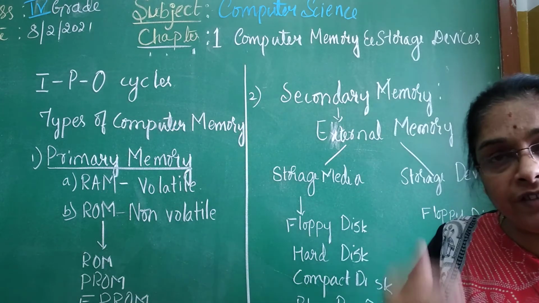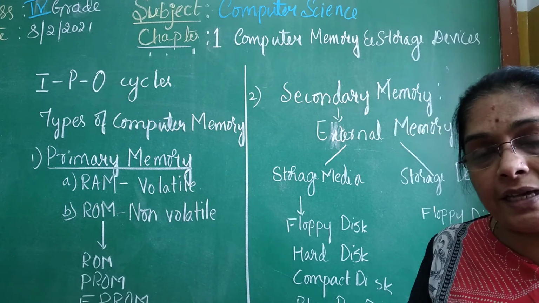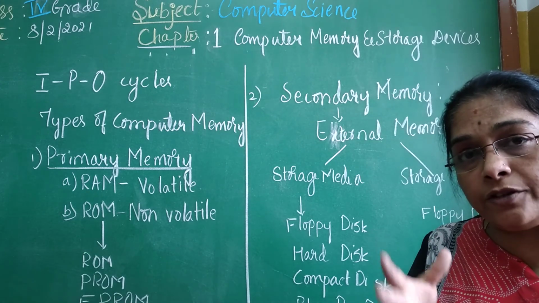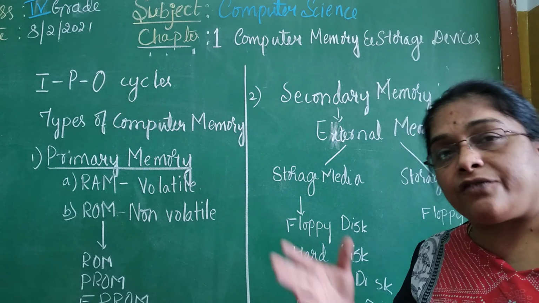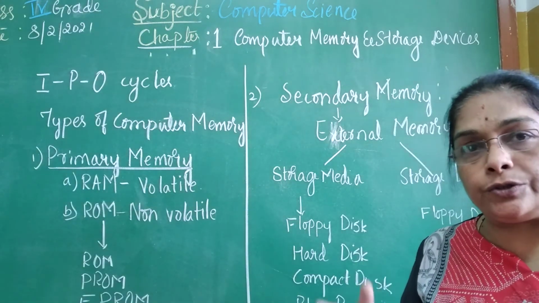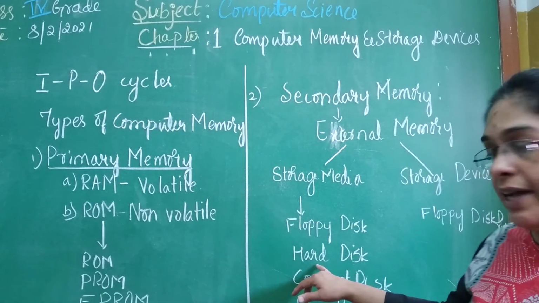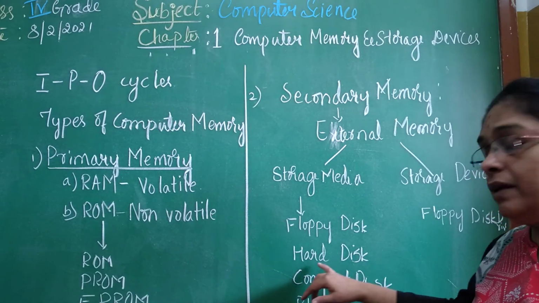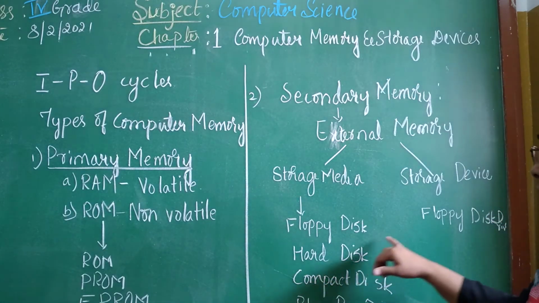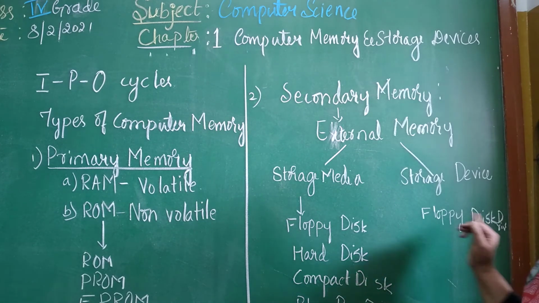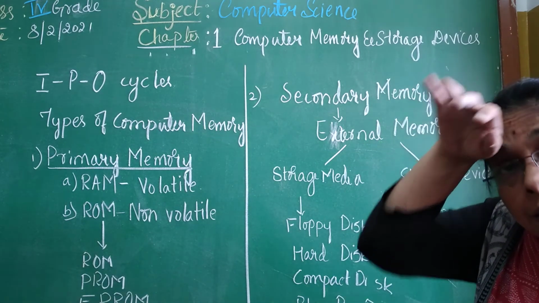The hard disk is fixed inside the CPU itself, where different slots of drives are allotted where we can store the data. That is also a storage device. For this hard disk, we need a hard disk drive which will be inside the CPU.